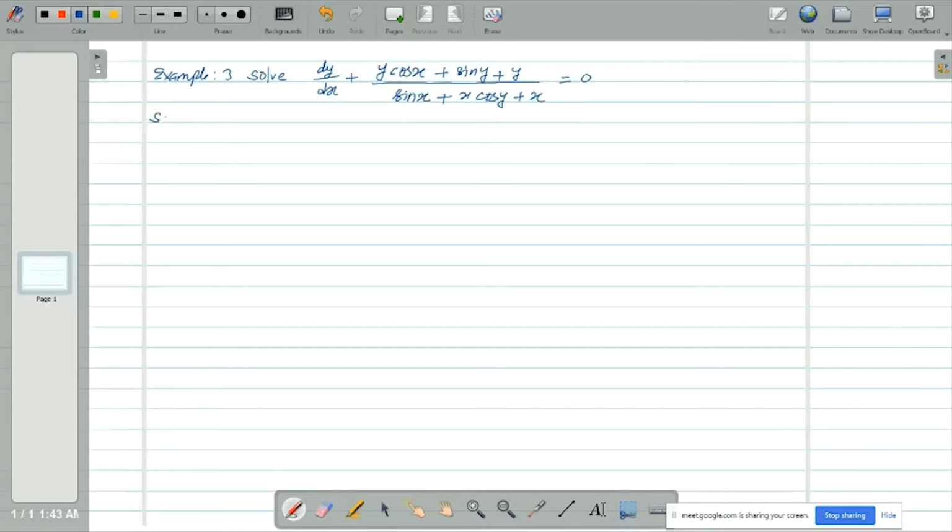So let us see how to find the solution of this differential equation. First of all, our job is to write the given differential equation as it is.